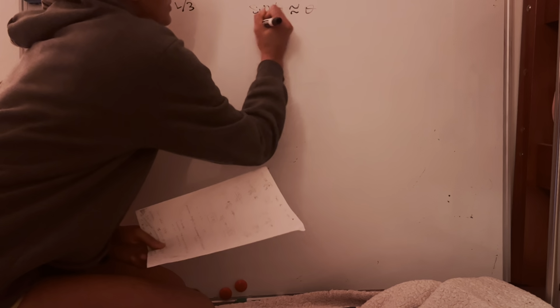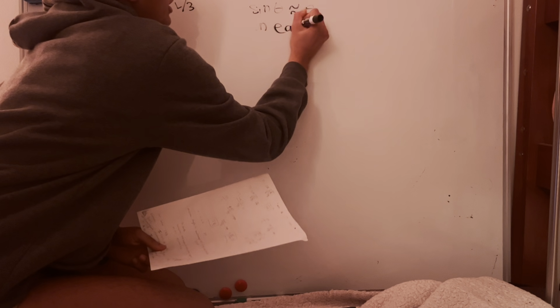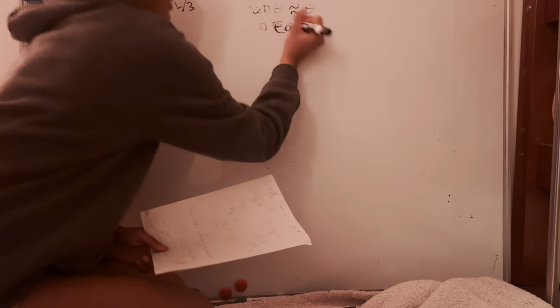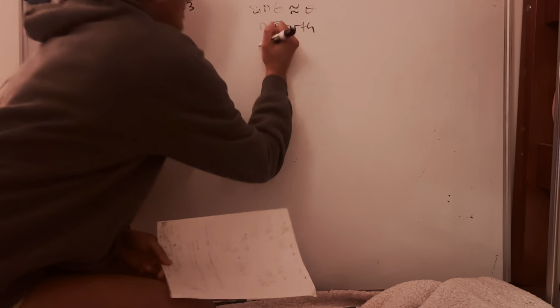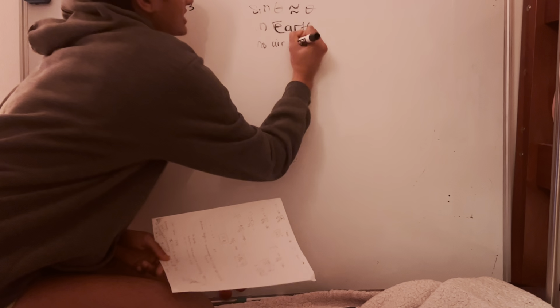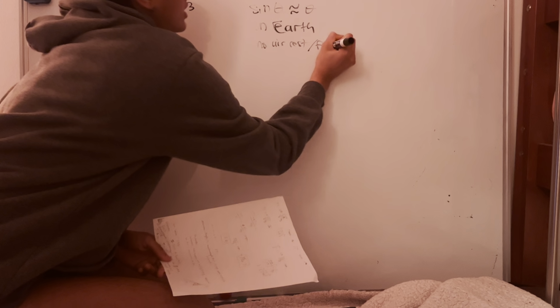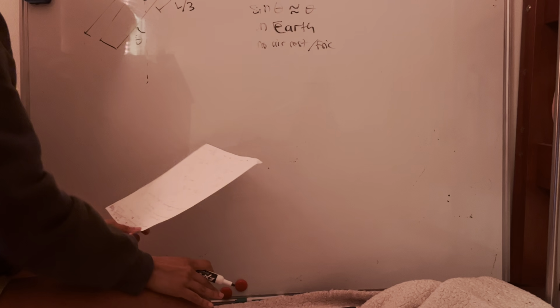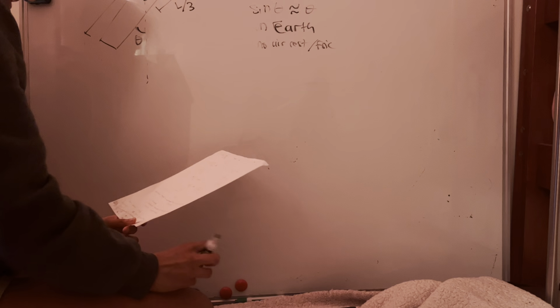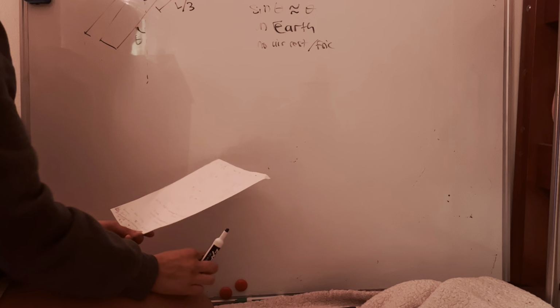Additionally, we're going to assume that we're on Earth, and that there is no air resistance or friction, because that would affect our rod and its motion.